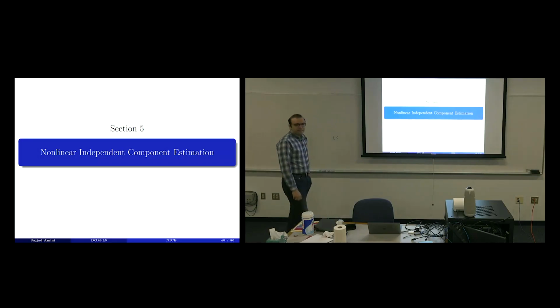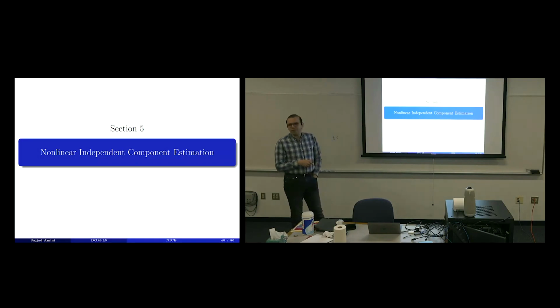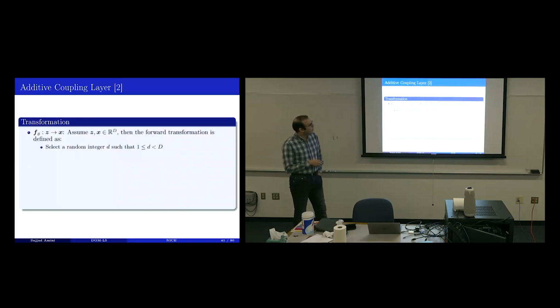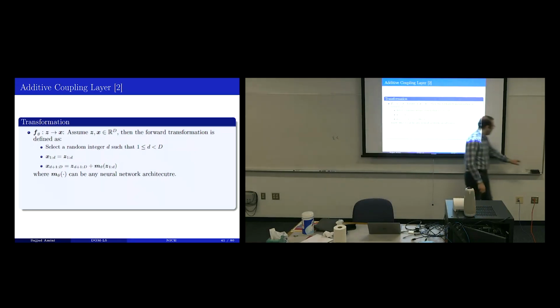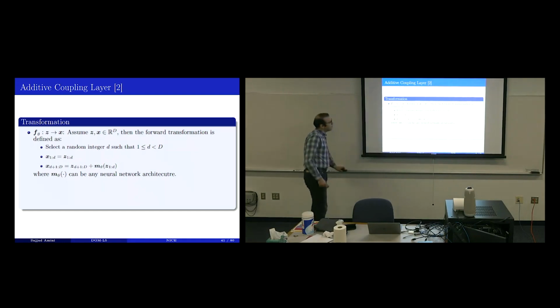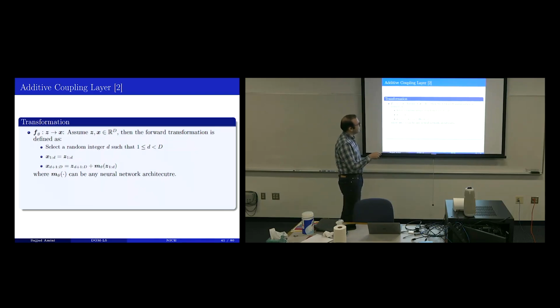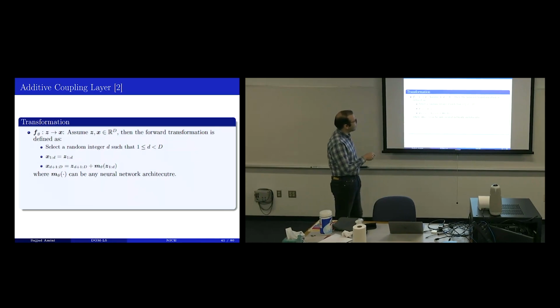And we saw the first model that designed those transformations, and it was NICE, Nonlinear Independent Component Estimation. We saw that NICE divided your data into two parts. It selects a random integer greater or equal than 1 and less than your dimension, and then the first part is exactly copied.